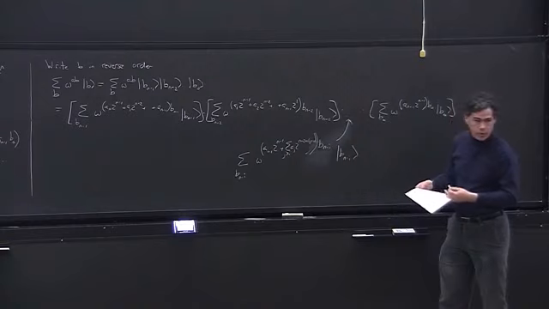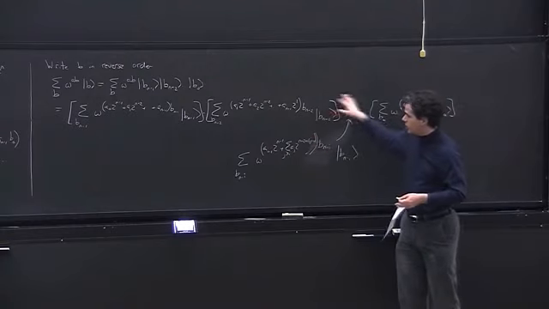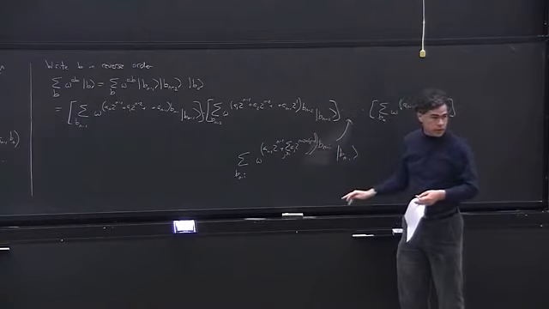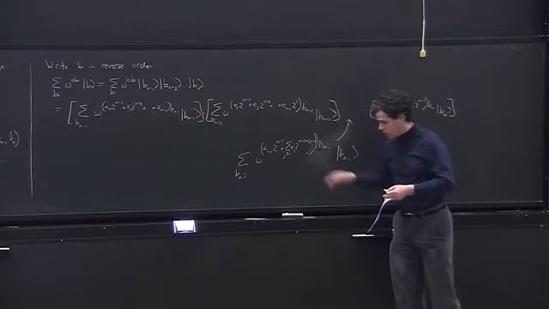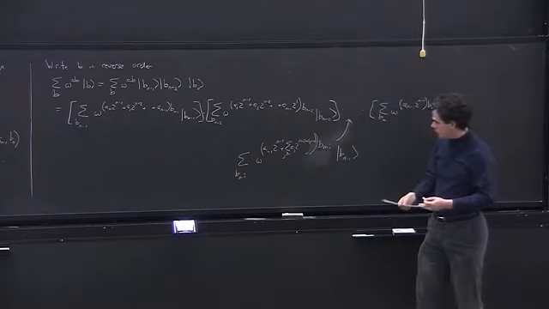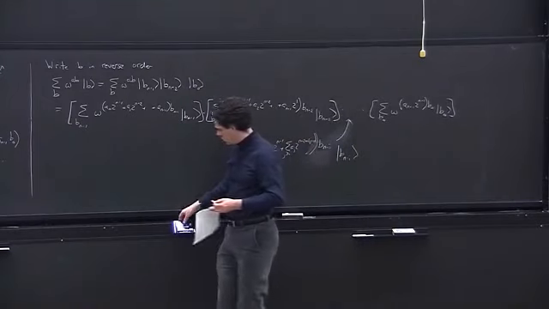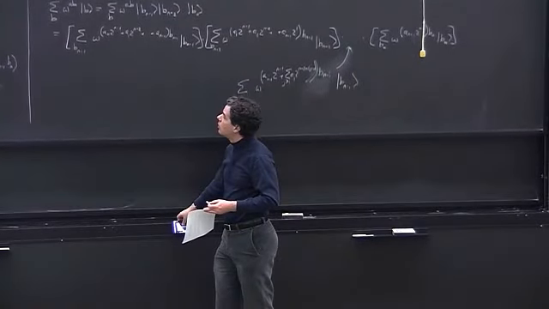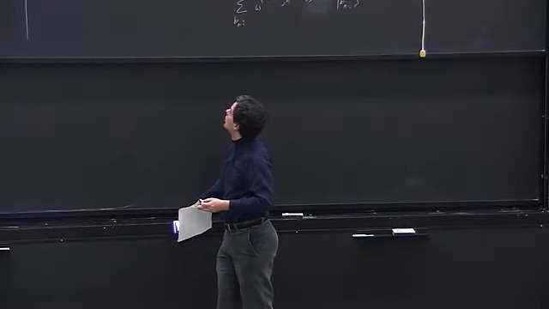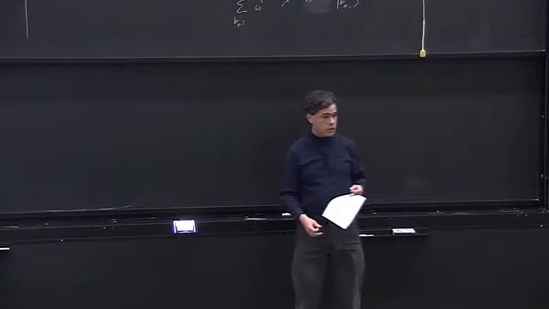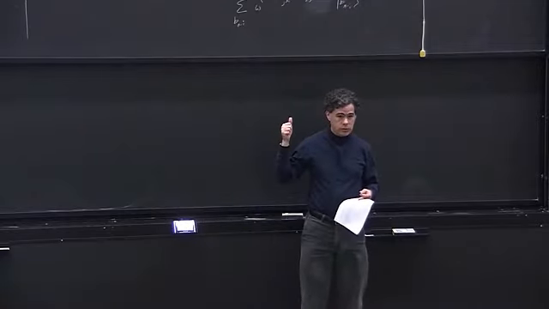Okay, so this is just putting this in a slightly more closed form. And the whole thing, of course, is a tensor product over i of these. Okay, everyone still with me?